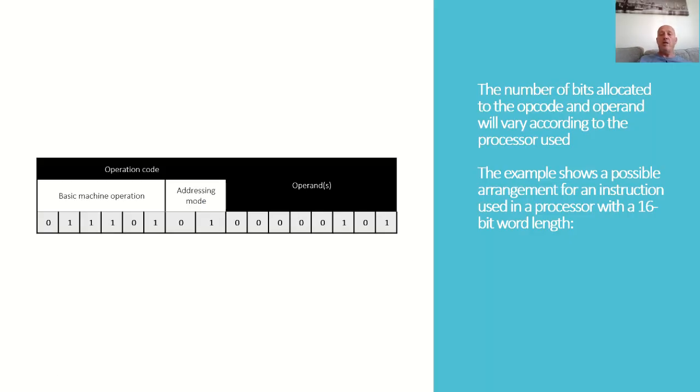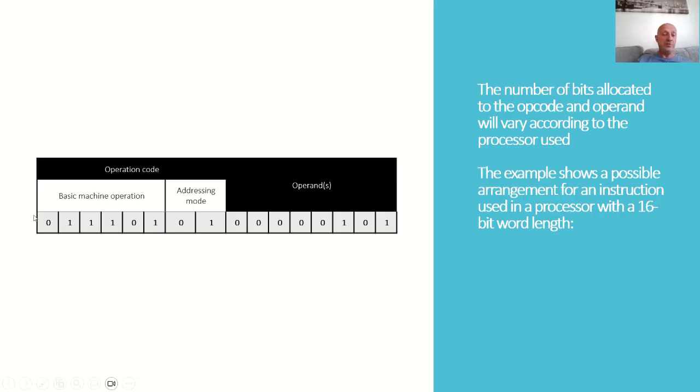So the next thing that we need to talk about is addressing modes and how an instruction is held in memory. You have the basic machine operation. Computers can't hold add, subtract, or other commands. They can only hold noughts and ones.